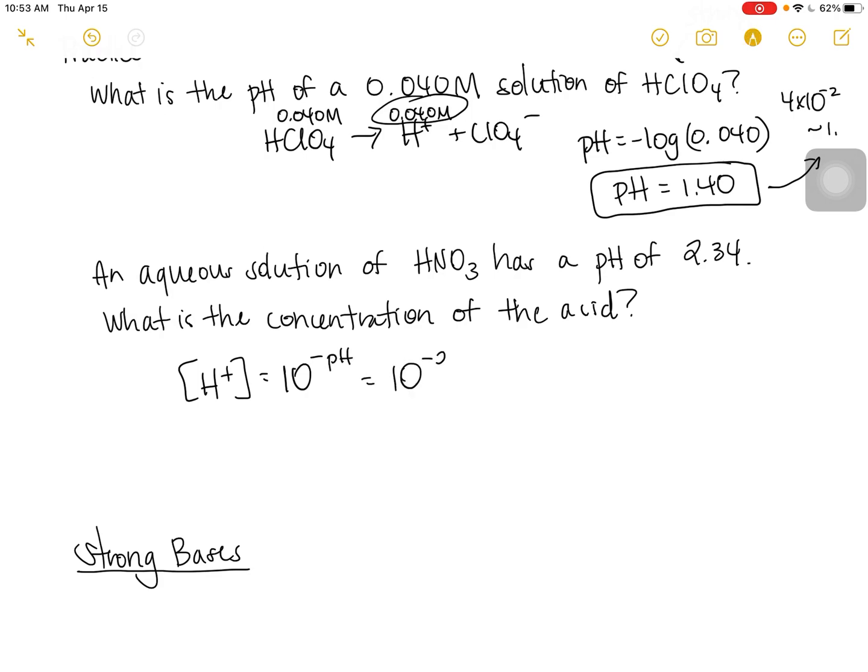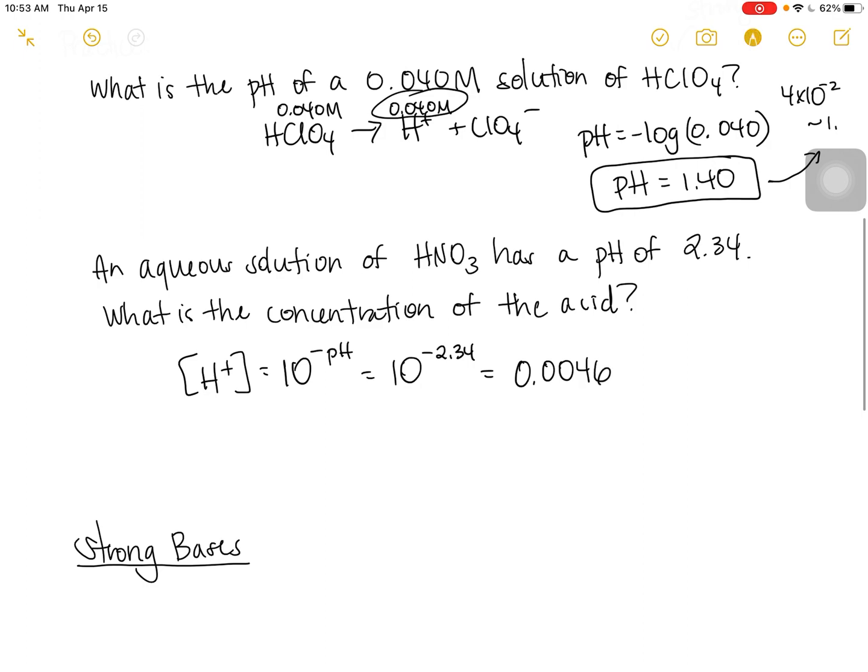So 10 to the negative 2.34 is going to give me a concentration of, let's see, 2 decimal places, so 2 sig figs, right? So 0.0046 molar. That's my H+ concentration.